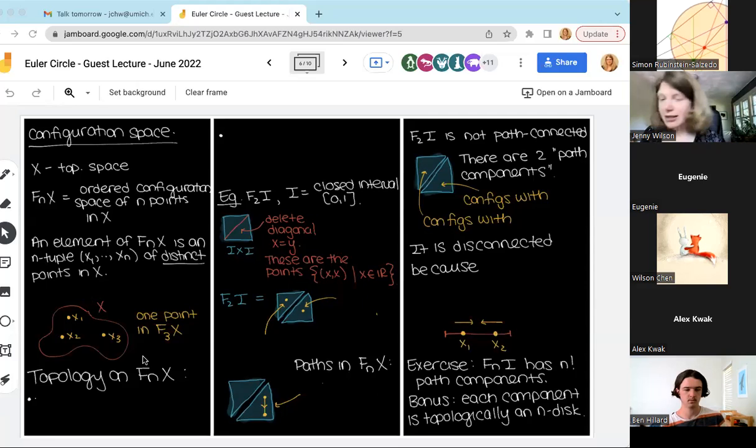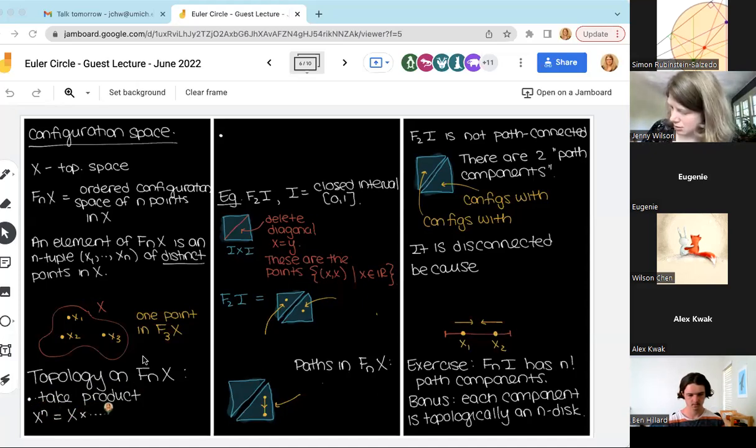And again, these configuration spaces come with a topology. So the way to view them as a topological space formally is first we take the Cartesian product of X with itself n times. Okay, we take the product. So this product naturally has a topology on it.